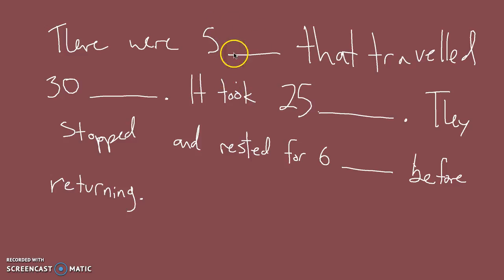And the numbers or the units that we attach to these numbers give it a lot of meaning, okay? Because these don't necessarily have to be people, they could be elephants, okay? And maybe the elephants traveled, well, let's say they traveled for 30 days, okay? And that would be, this one is a distance, looking at the context.